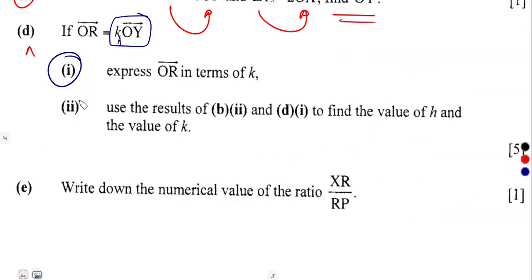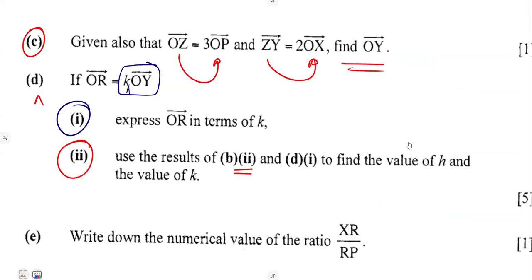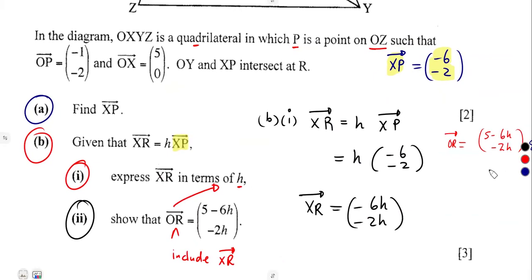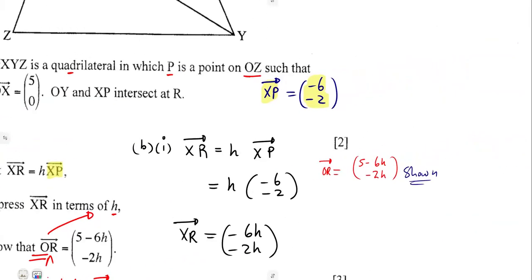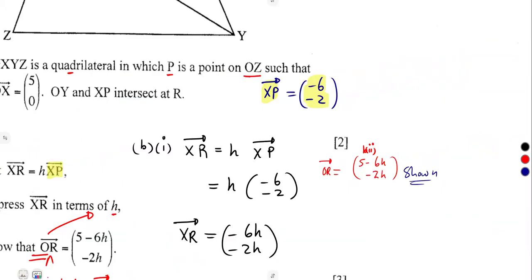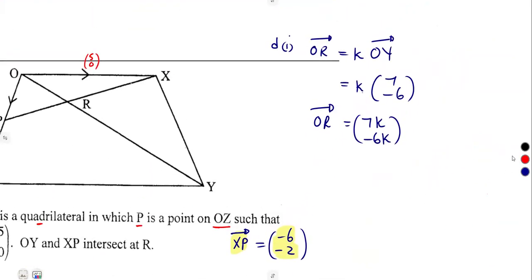Then item 2, use the results of B item 2. B item 2 was here. B item 2, that's where we calculated what? OR. Remember, this was our B item 2. So use this result and the result of D item 1, this is where we expressed the OR. This is our D item 1.